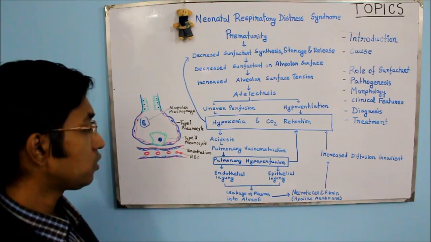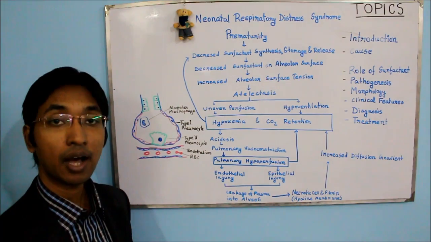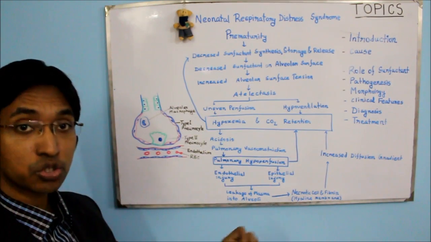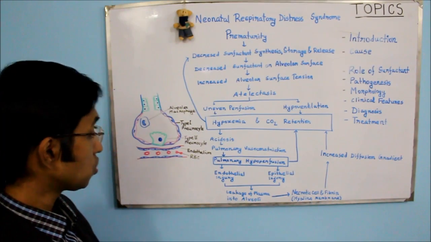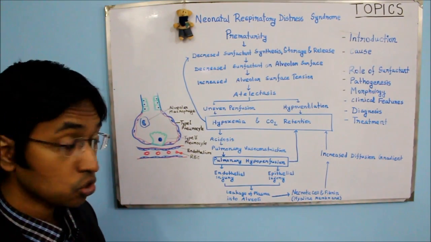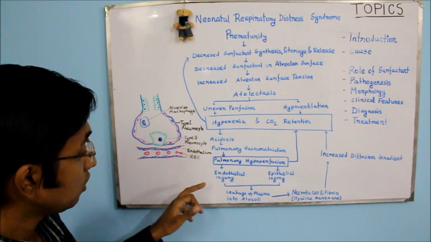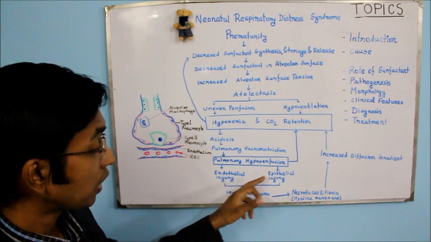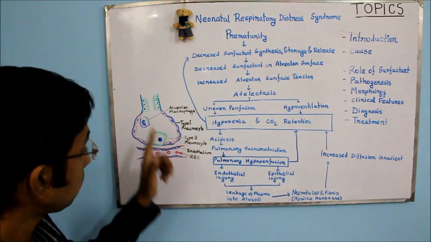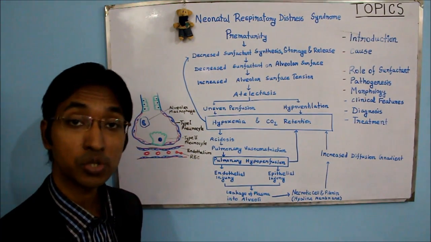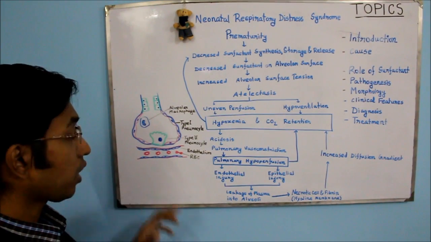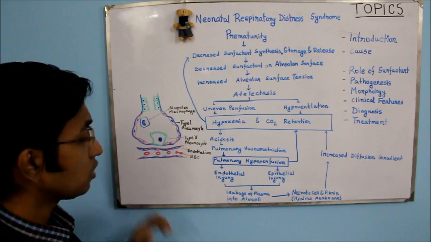This will lead to further pulmonary hypoperfusion, and since now we have reduced blood supply in the lungs, there will be further damage. Now there will be injury to the epithelial cells that were lining the alveoli, and also injury to the endothelial cells of the blood vessels surrounding the alveoli.